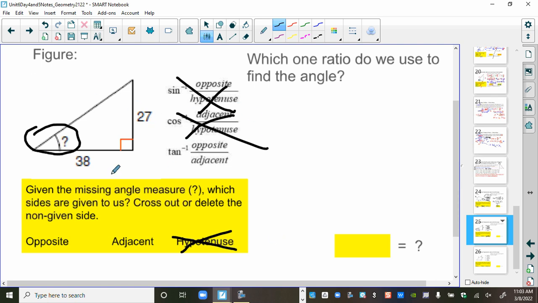Now, we need to discuss who's opposite, who's adjacent. Which one's the opposite, which one's the adjacent? 38 is your adjacent. Good. So that means who has to be the opposite? Yeah, opposite 27, adjacent 38.